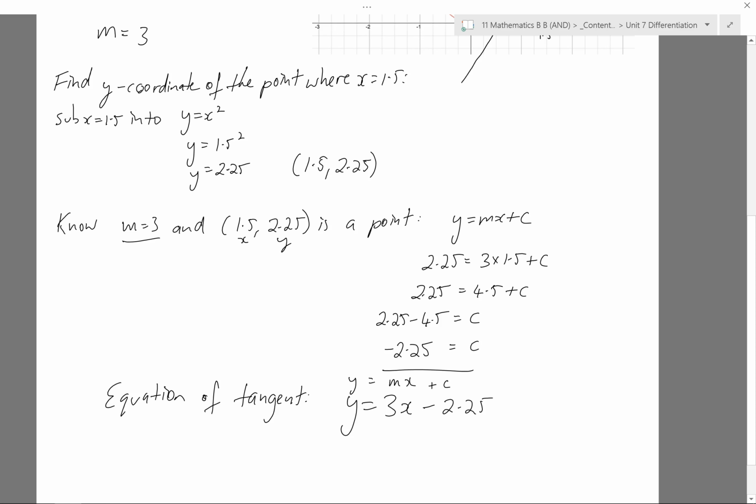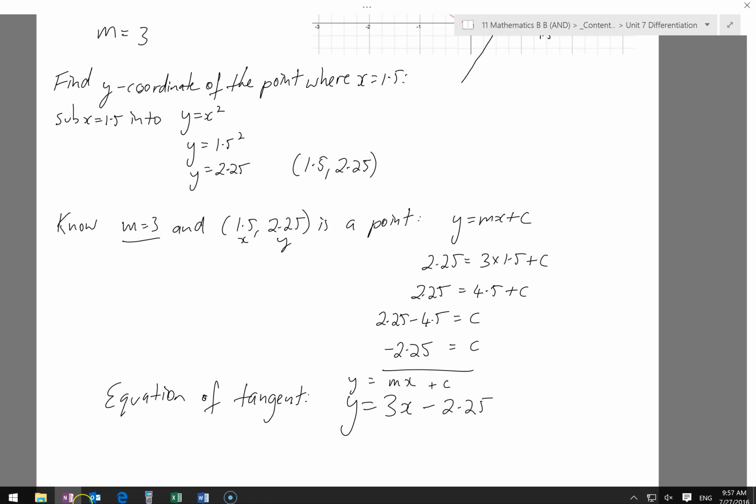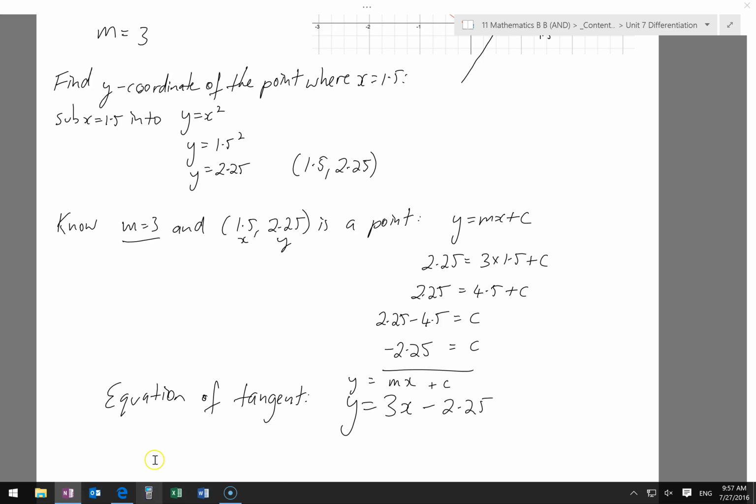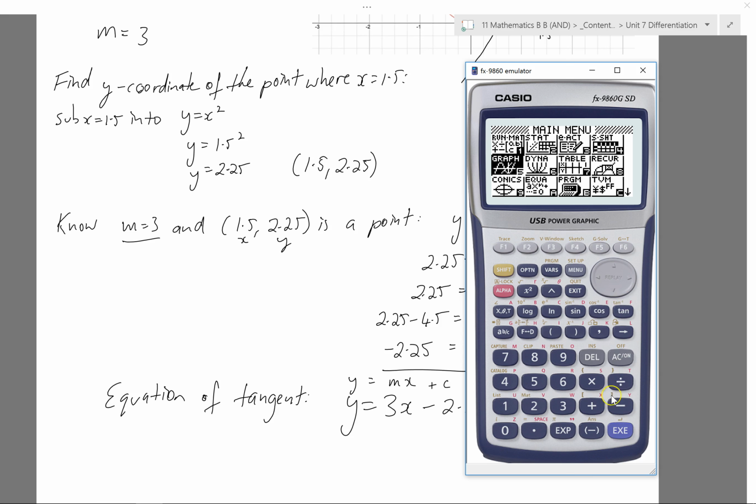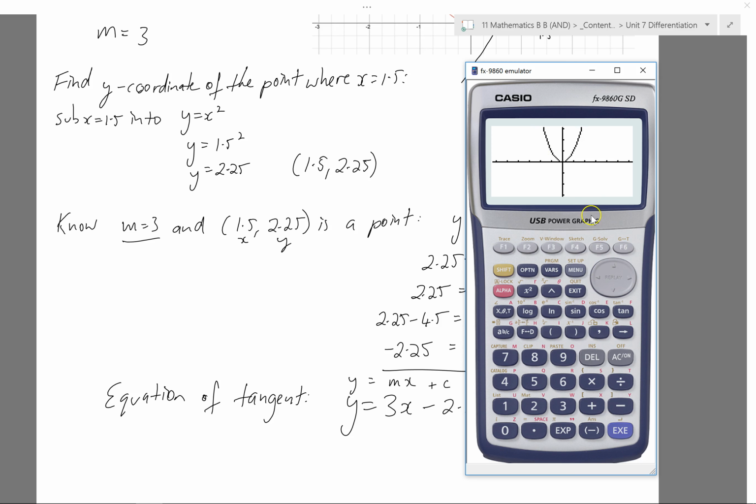Can I check this on my calculator when I'm in an exam? Yeah, absolutely. All I need to do is go into my graph mode and graph my function, x squared. Make sure that I can see where 1.5 is. When I graph the function, I need to go into menu and make sure that derivative is on.